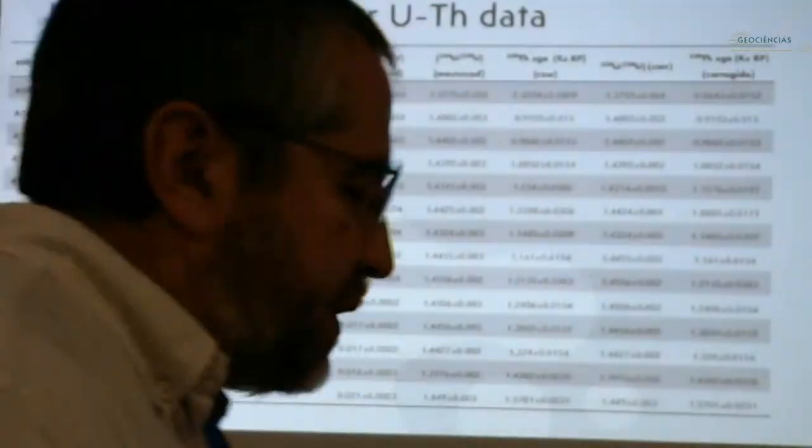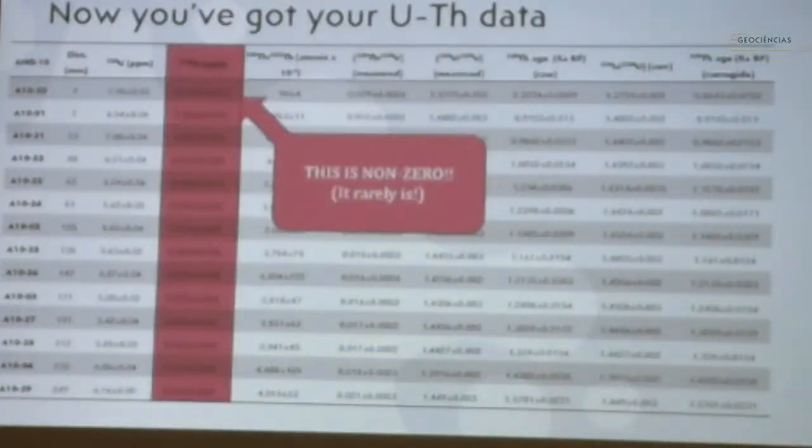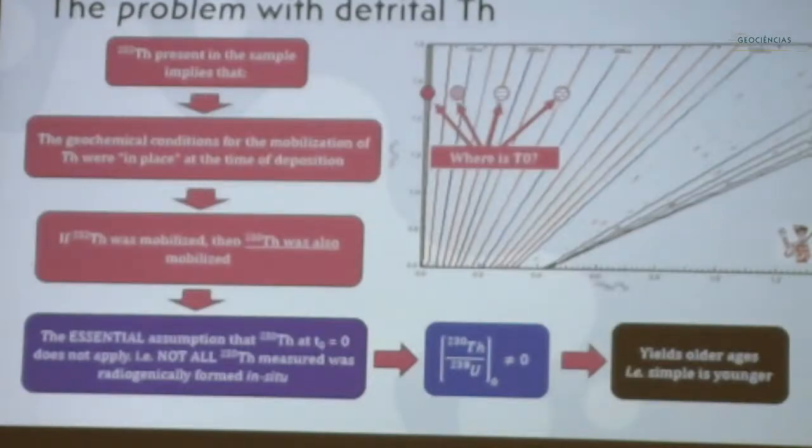So back to this table. In this table, thorium-232 is non-zero. It never is zero. There's always some thorium-232. And if there's some thorium-232, it basically means that there were the geochemical conditions to mobilize thorium, whatever the isotopic number, whatever their atomic mass, sorry.